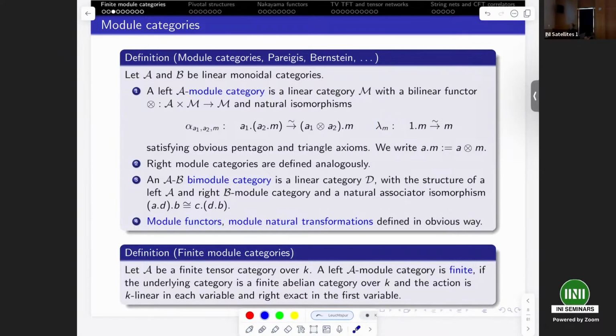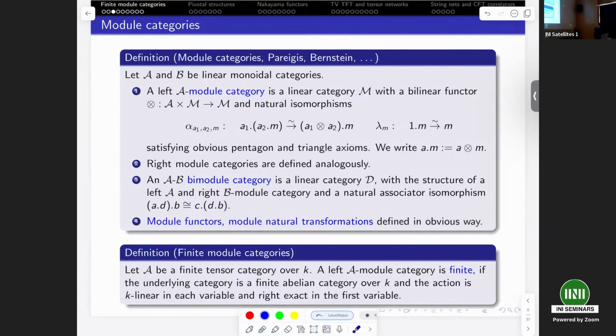You can define left module categories and right module categories. You can define a bimodule category, and you should be aware that this requires one more piece of datum, which implements the left action from the unit. So that's also a piece of structure. And then you can define module functors and module natural transformations, and they are defined in the obvious way.